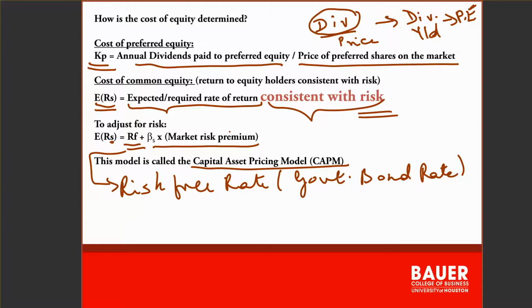And the way we do that adjustment is, let me start with this component first. Market risk premium, MRP. What is the market risk premium? Let's consider the whole market. If we were to try to capture the returns on the entire market, one way to do it would be to look at the return on the S&P 500 index.